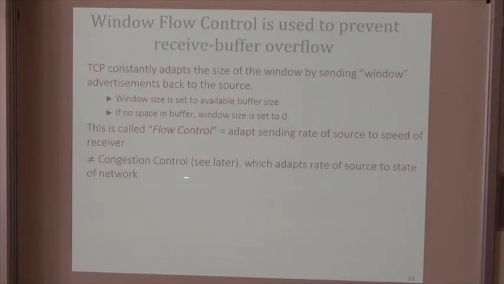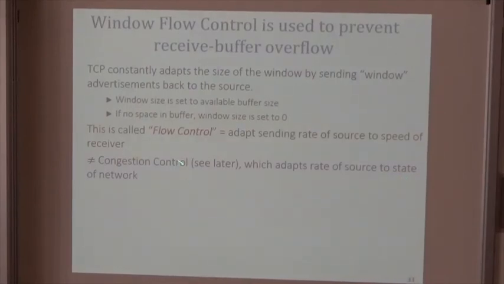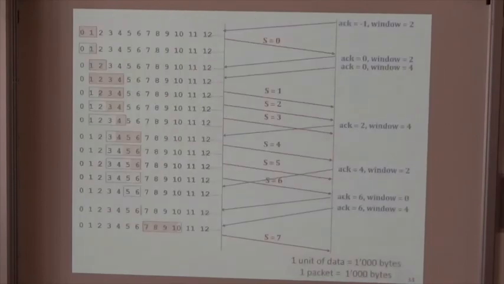So you need to avoid this. Whenever you send through the internet, you have to do congestion control. You have to make sure that you don't flood the network with data that will be lost and that will cause others to suffer from losses. So it's about adapting the rate of the source to the state of the network. We'll see that TCP does it, but it doesn't do it with the mechanisms we'll see today.